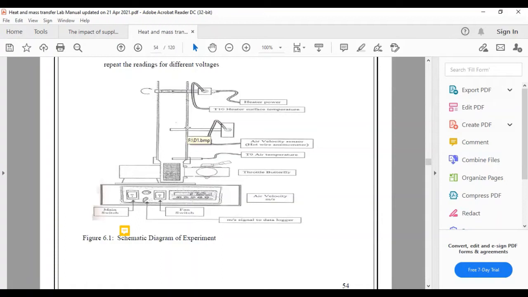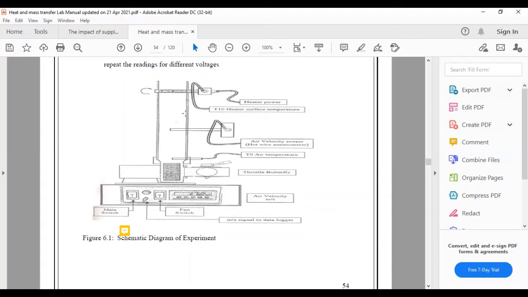Then there is an air velocity sensor used to measure the velocity of air, and there is a sensor which will measure the temperature of air. At the bottom part of this apparatus there is a main switch, and then there is a digital meter from which we will measure the velocity of air.